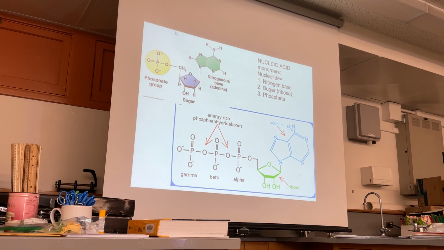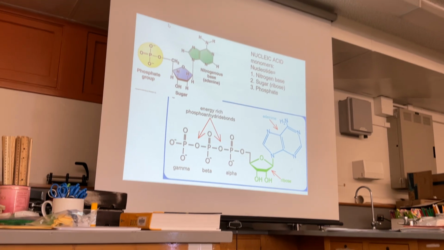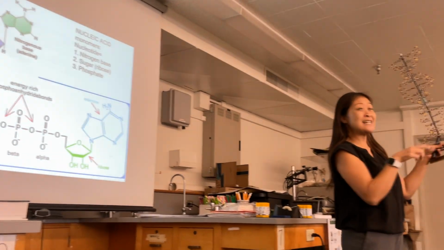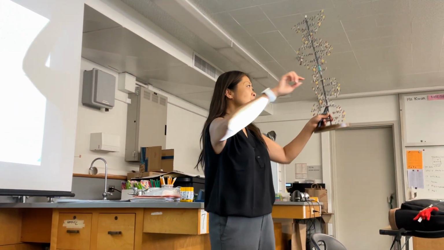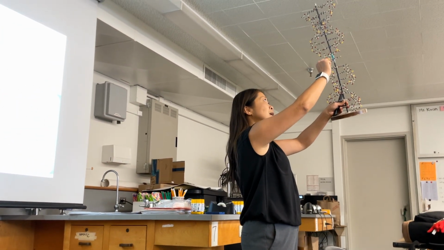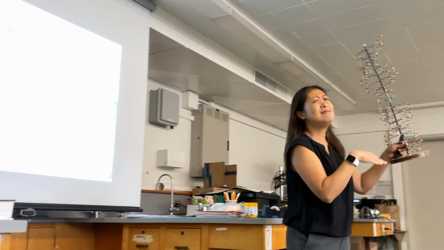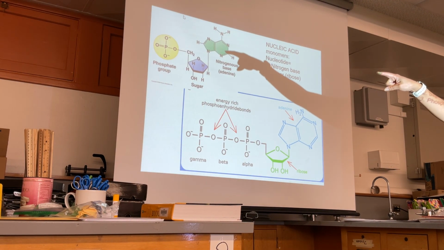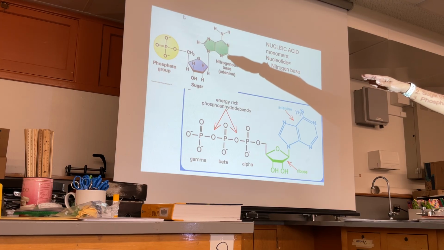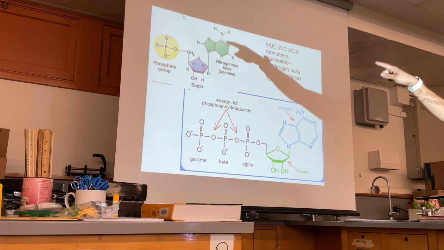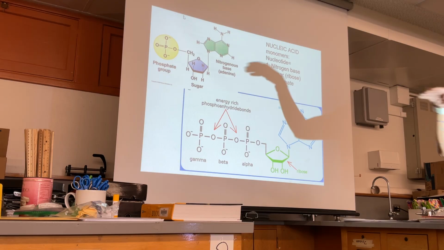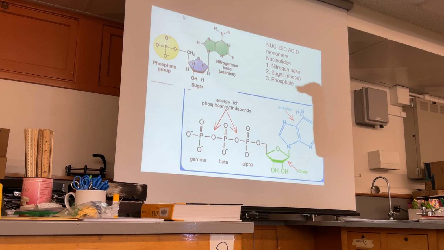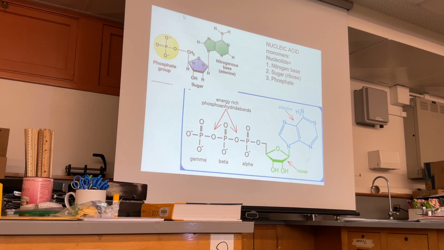That golden ball, that's phosphorus. That's the phosphate group. So do you see how there's blue ones? The blue ones are nitrogen, and adenine is one of the examples of a nitrogenous base, because it's nitrogen, right? And if it's not adenine, it's guanine or cytosine or thymine.